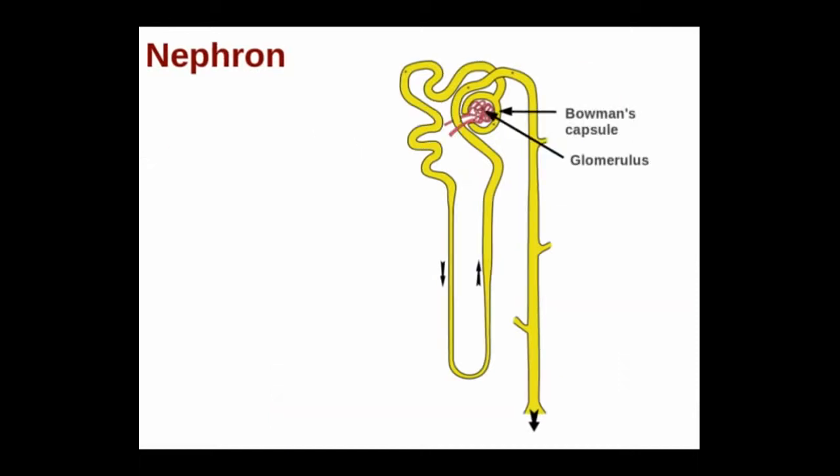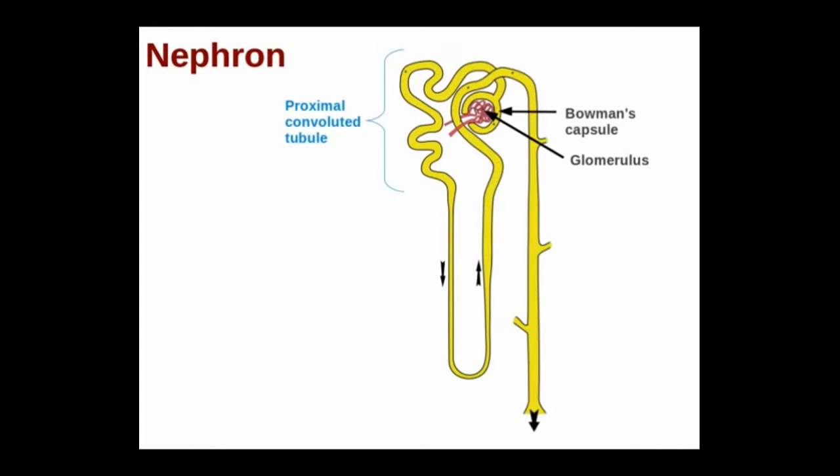So let's look at the nephron and look at the filtrate and how it passes through the proximal convoluted tubule, which in reality is surrounded also by blood vessels. There's some excretion here and also some reabsorption of some of the components that are now in this tube.